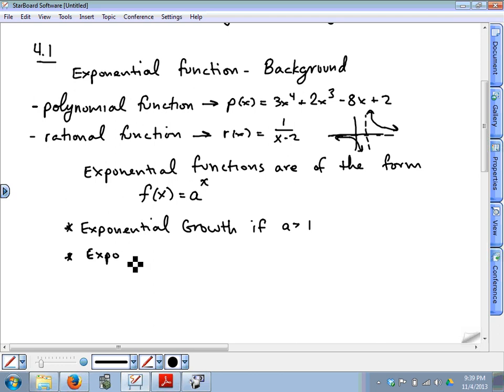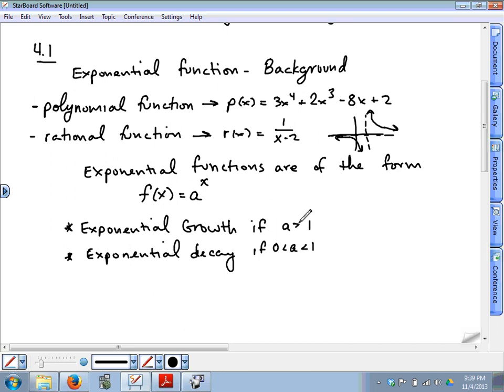You also have something called exponential decay, and that's if your base A is less than 1 but greater than 0. From this, if you haven't noticed yet, A cannot be negative. Your base cannot be negative.